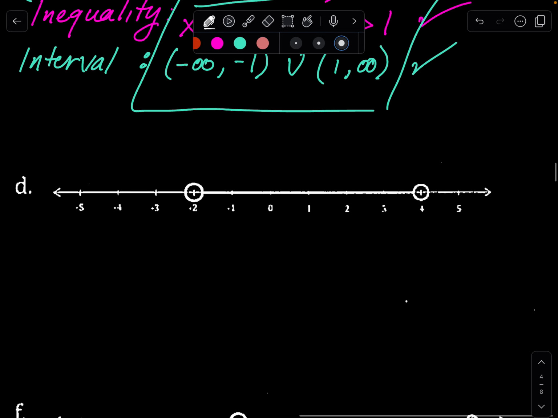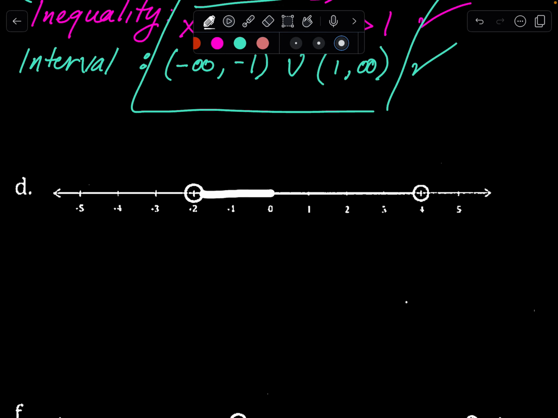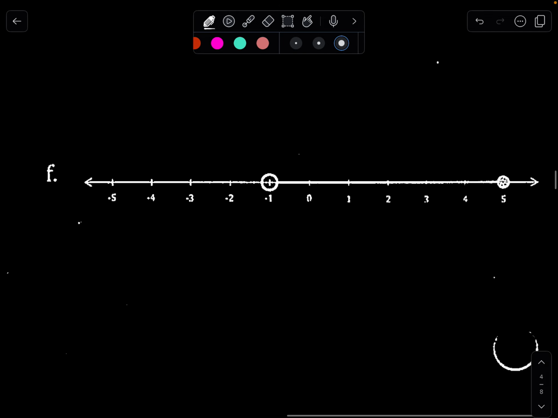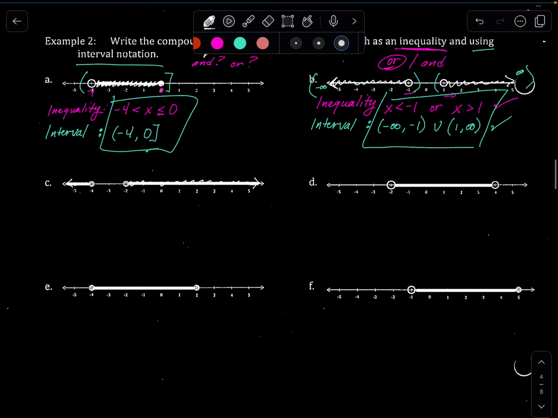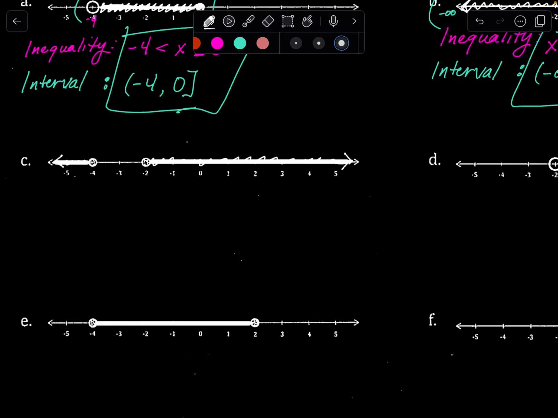I'll go through it real fast and fix some of these. I think that's right. It looks like all of them are like that except for the or ones I've already fixed.